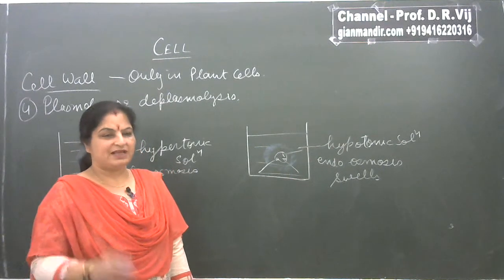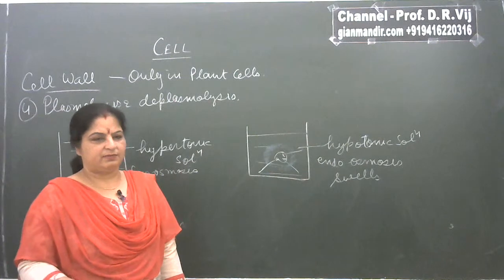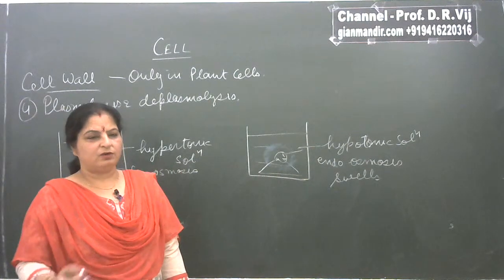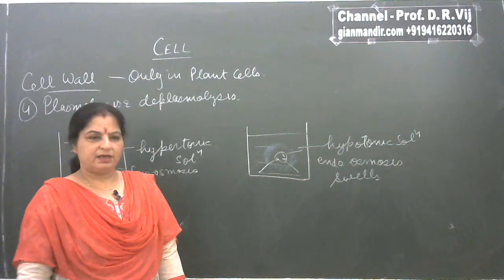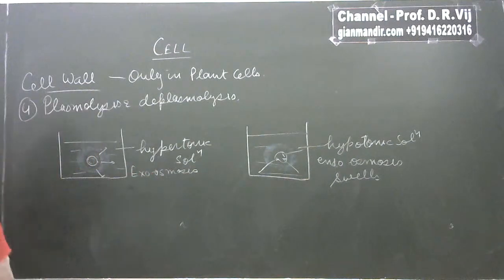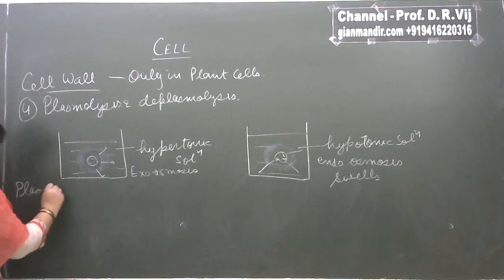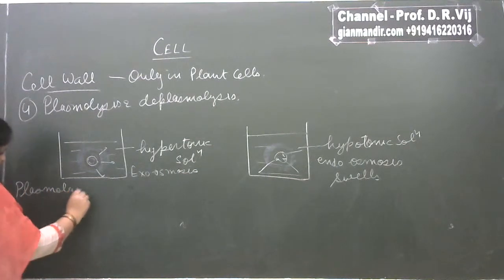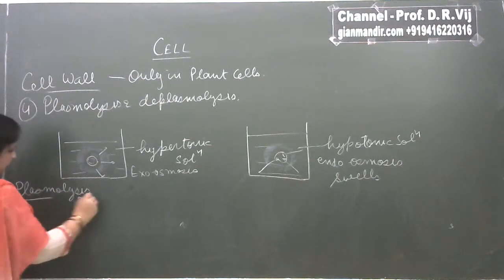So this plasmolysis and deplasmolysis phenomenon is possible only because of the cell wall, right? So here, how can we define plasmolysis?